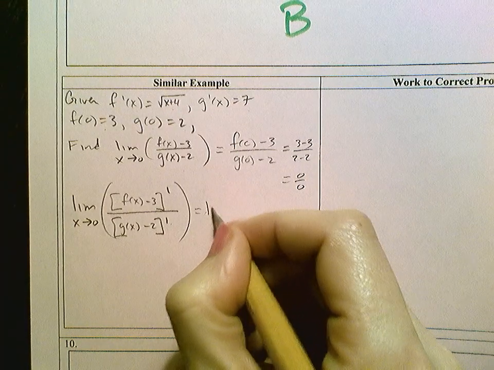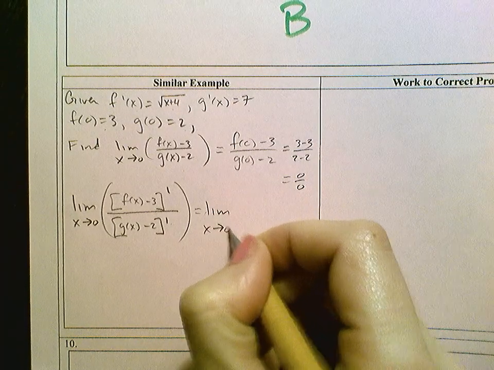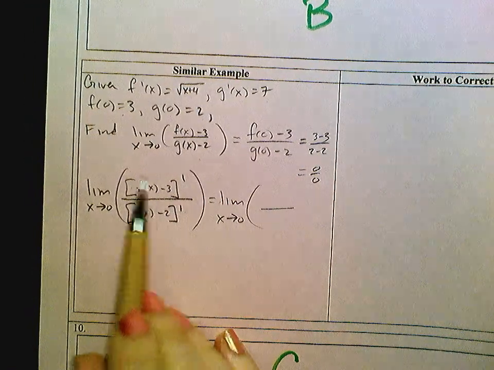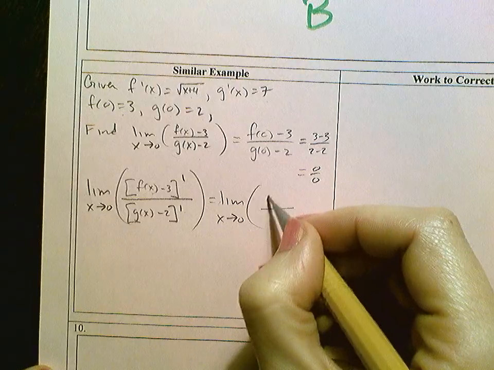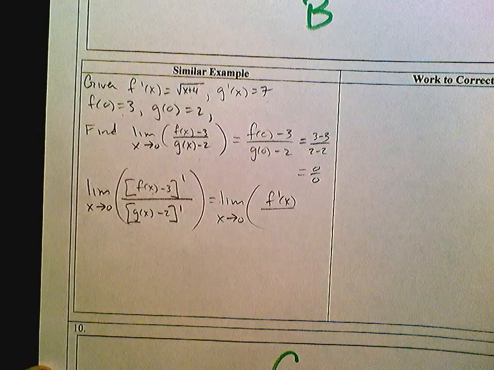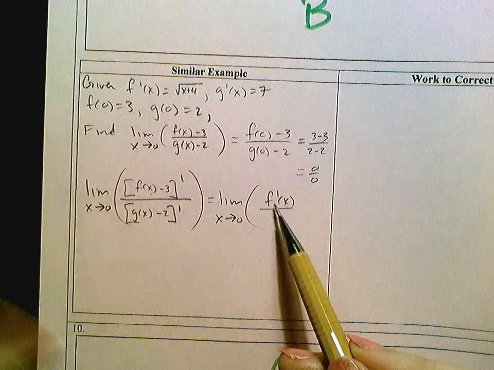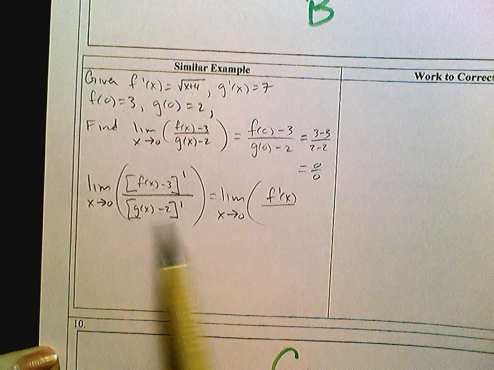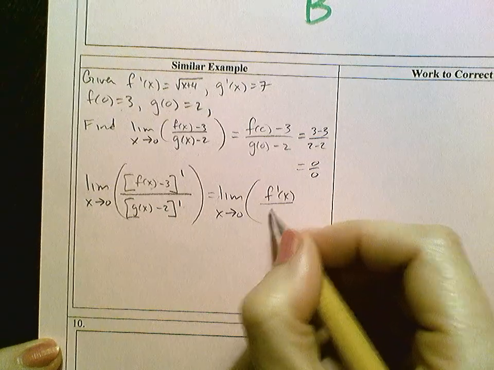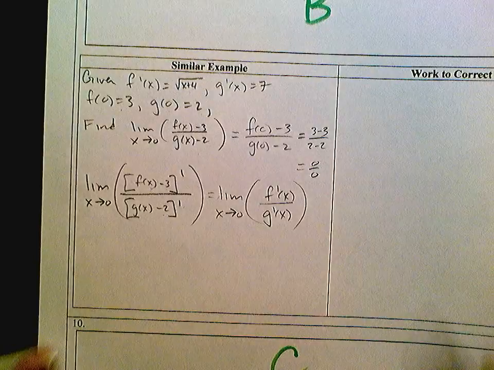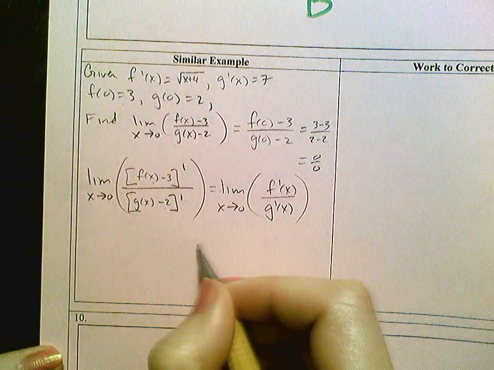It means you take the derivative of the numerator separately from the derivative of the denominator. So this ends up being the limit as x approaches 0. The derivative of the numerator, the derivative of f is just f prime. The derivative of 3 is 0, so you just end up with f prime. And then down here, the derivative of g is g prime. The derivative of 2 is just 0. And then you direct substitute.